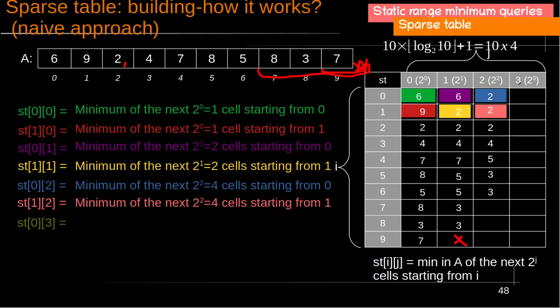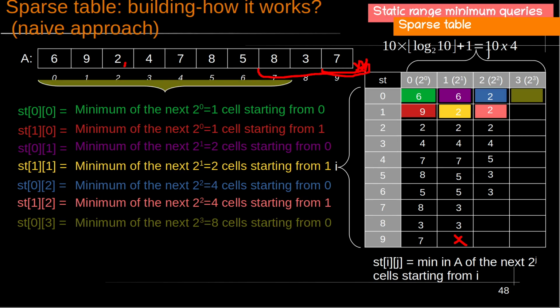Let's fill the last column. ST[0][3] is the minimum of the next 2^3 cells, which is 8 cells, starting from 0. We speak about these 8 cells. 2^3 is equal to 8.